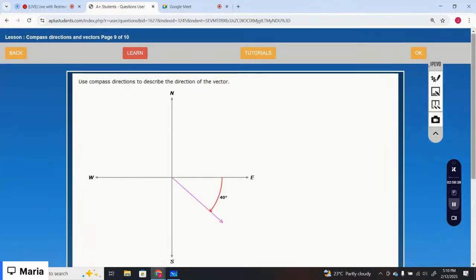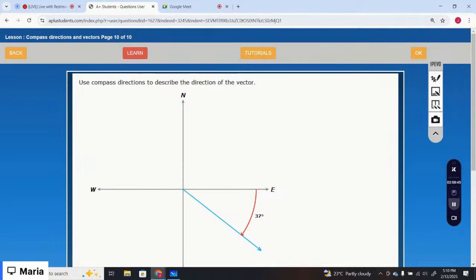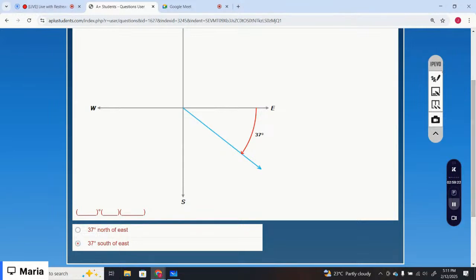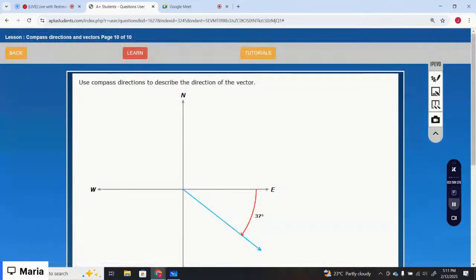Option number 2 is the correct option. That is 37 degrees south of east. Okay, we are done with the lesson. Let's just move on to the next lesson.